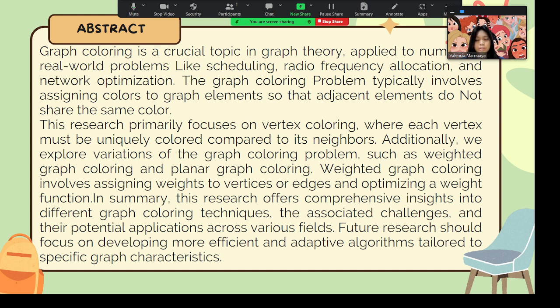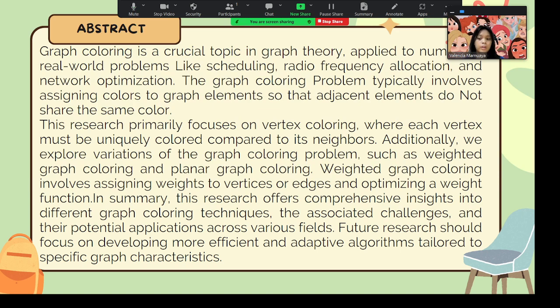This research primarily focuses on vertex coloring, where each vertex must be uniquely colored compared to its neighbors. Additionally, we explore variations of the graph coloring problem, such as weighted graph coloring and planar graph coloring.